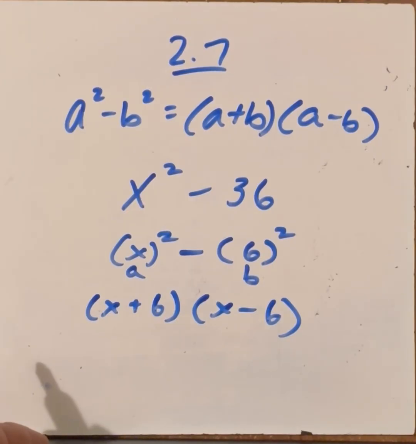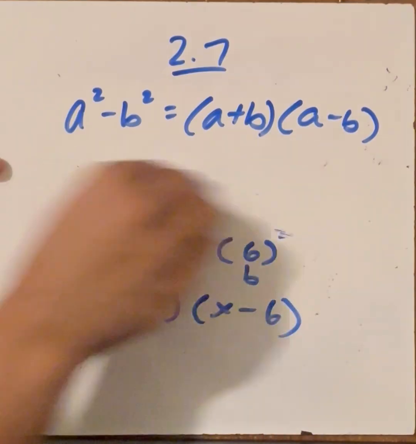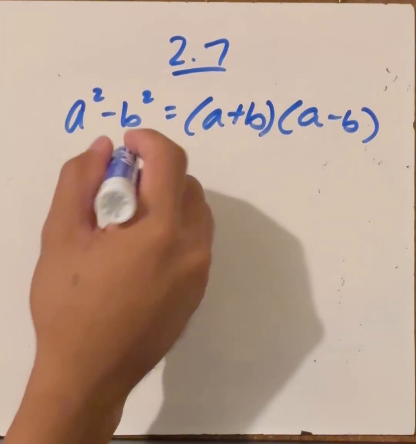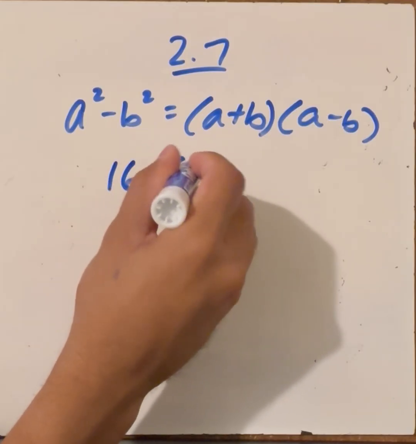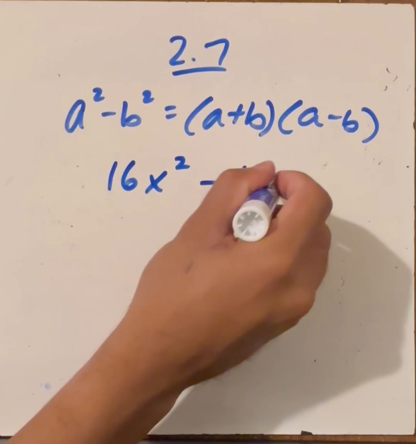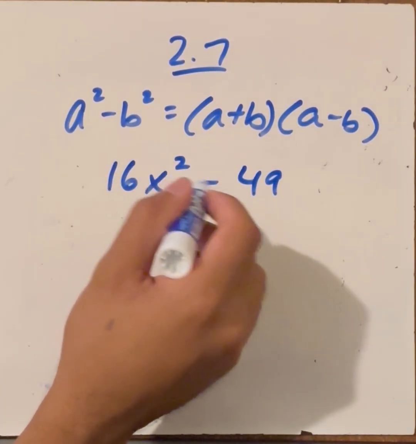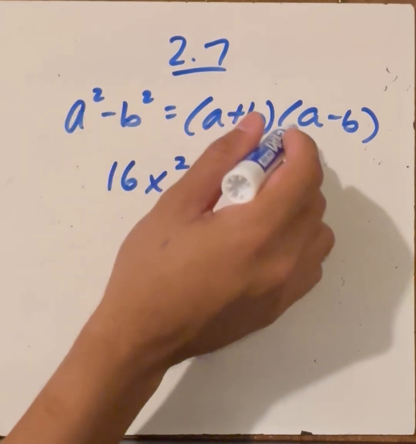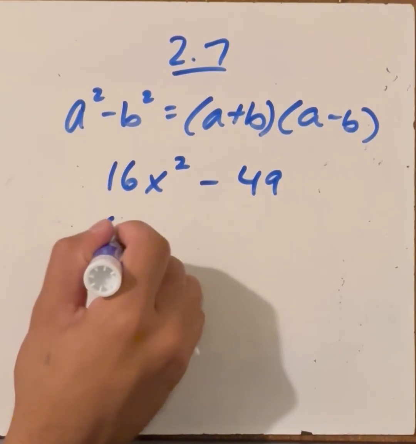Okay, let's go ahead and take a look at that again. Something that looks like 16x squared minus 49. If we can tell that we can put this into this form, then we would use this. We notice that the square root of 16 is 4.